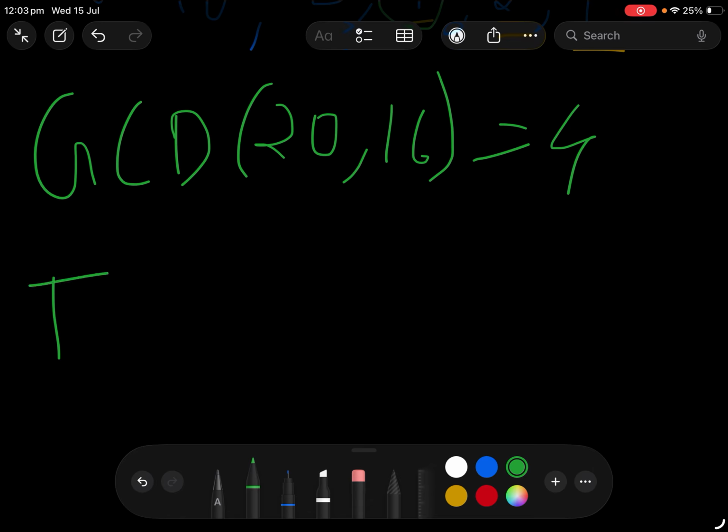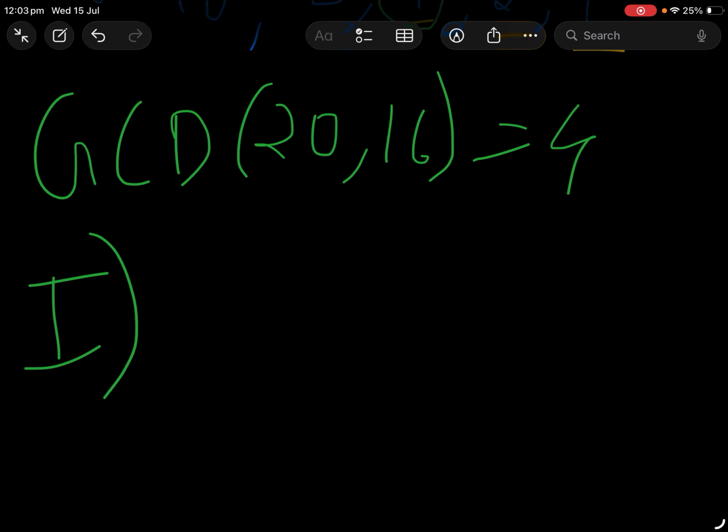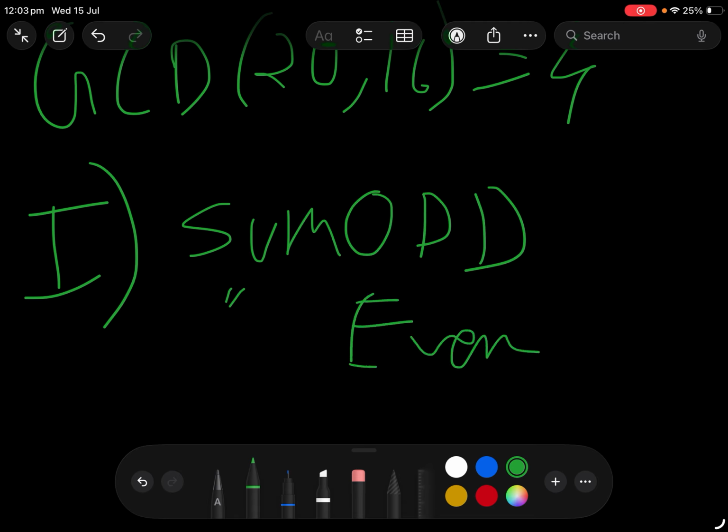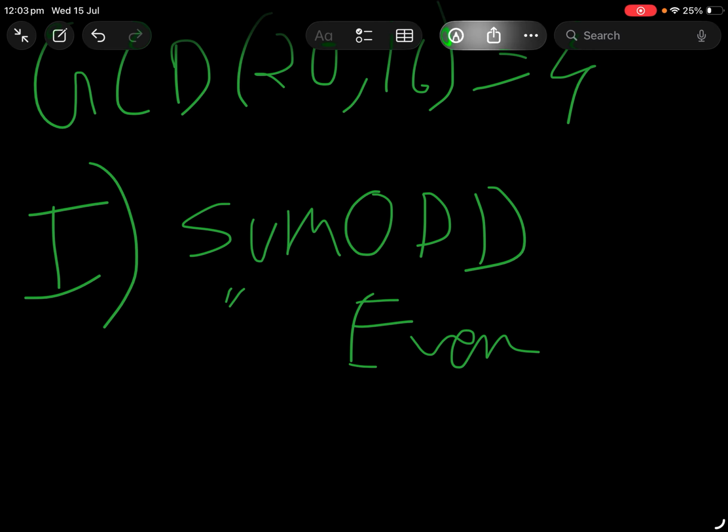So the first approach will be, we have to firstly calculate sum odd and sum even. To calculate that, we can use a loop.